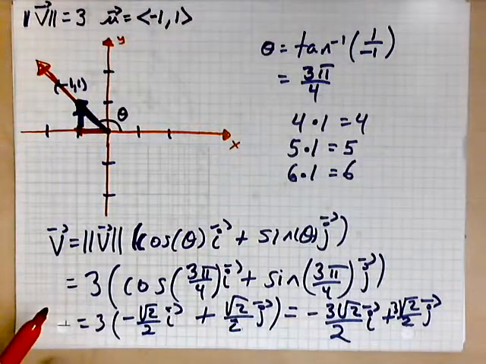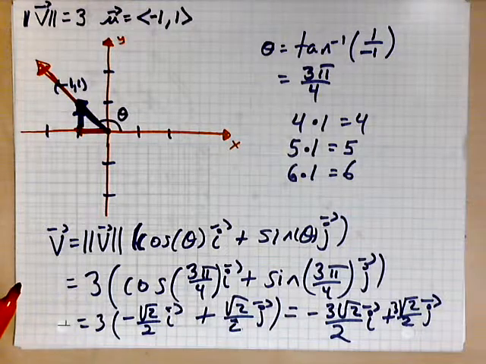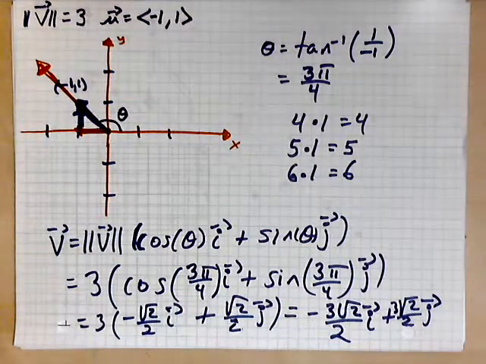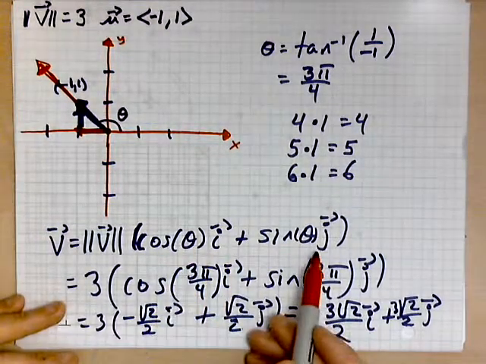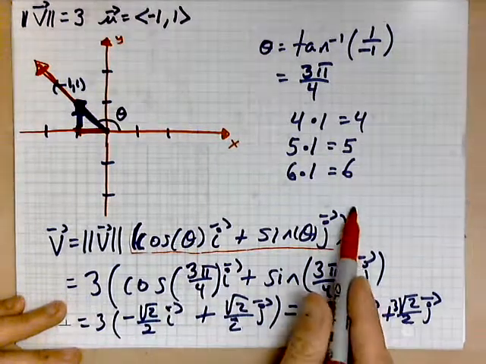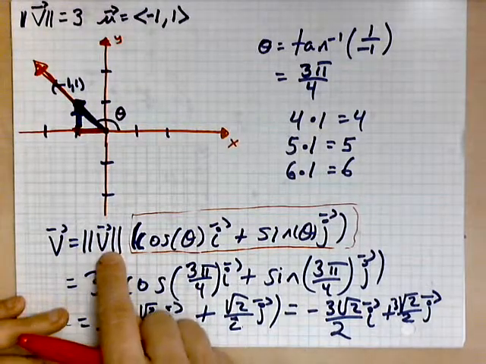That's what we've done. We've taken our vector u, and we've used concepts from trigonometry, the unit circle, the cosine function and sine function. This vector here, cosine theta, sine theta, is a unit vector for any angle, so you can multiply by a constant, and the constant value doesn't change.